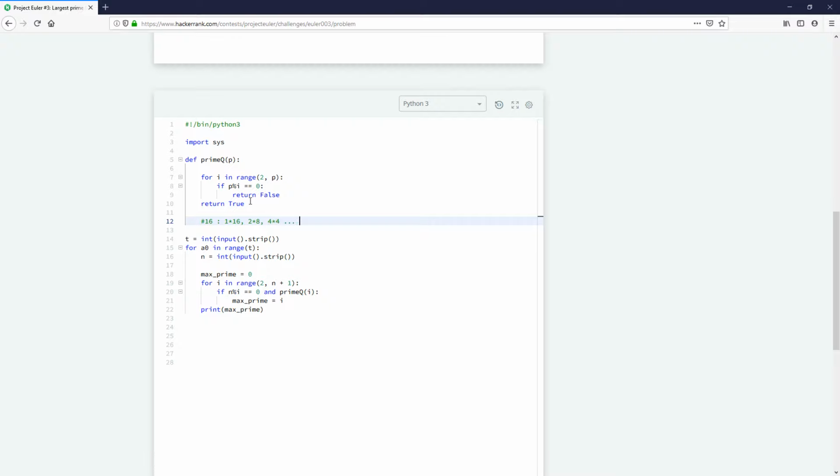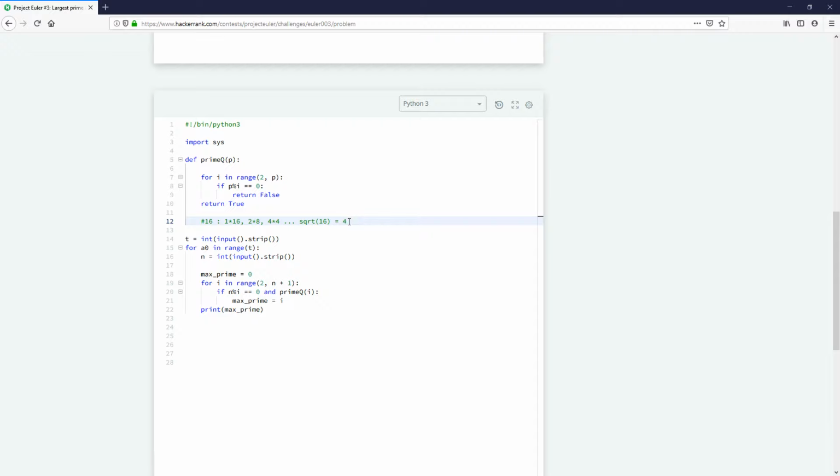And we also know that the square root of 16 is 4. Now, a key insight is to notice that one of the factors in each pair is less than or equal to the square root every time. 1 is less than or equal to the square root of 16, 2 is, and 4 is.